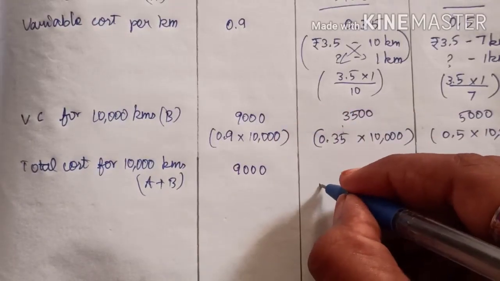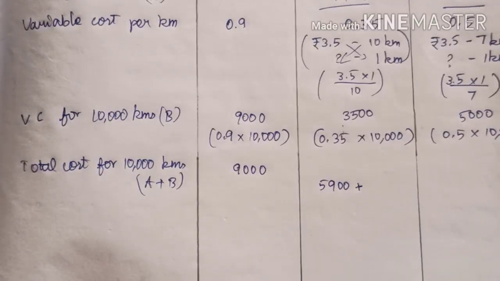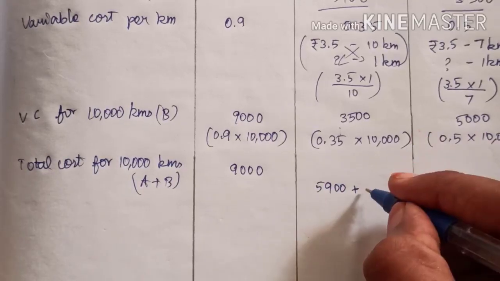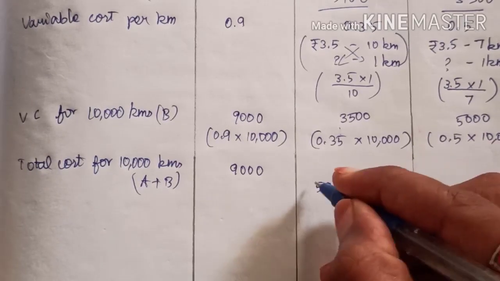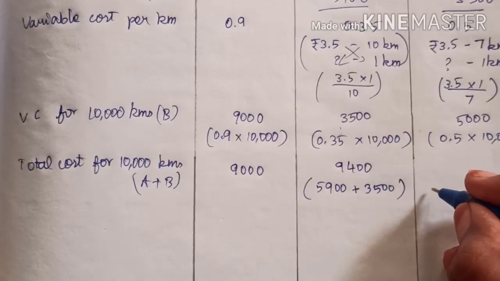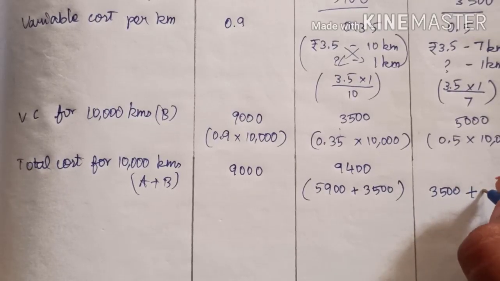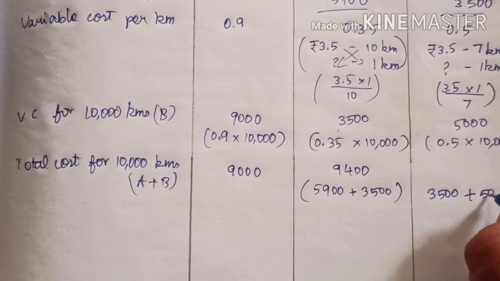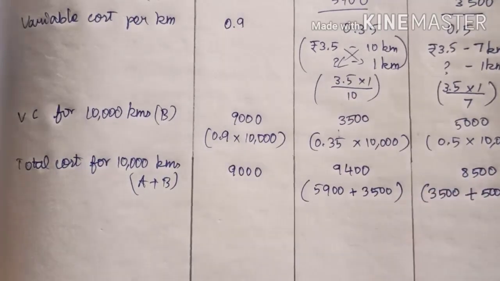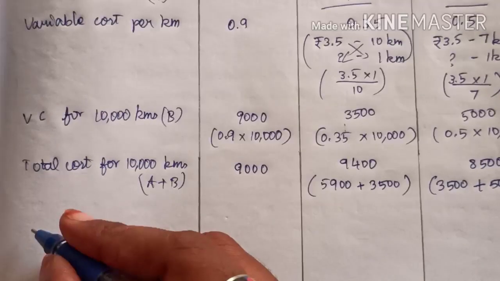And here 5,900, that is fixed cost, plus 3,500 variable cost. You will get 9,400. And here 3,500 fixed cost plus 5,000 variable cost. You will get 8,500. And then we have to find the cost for 19,000 kilometers.